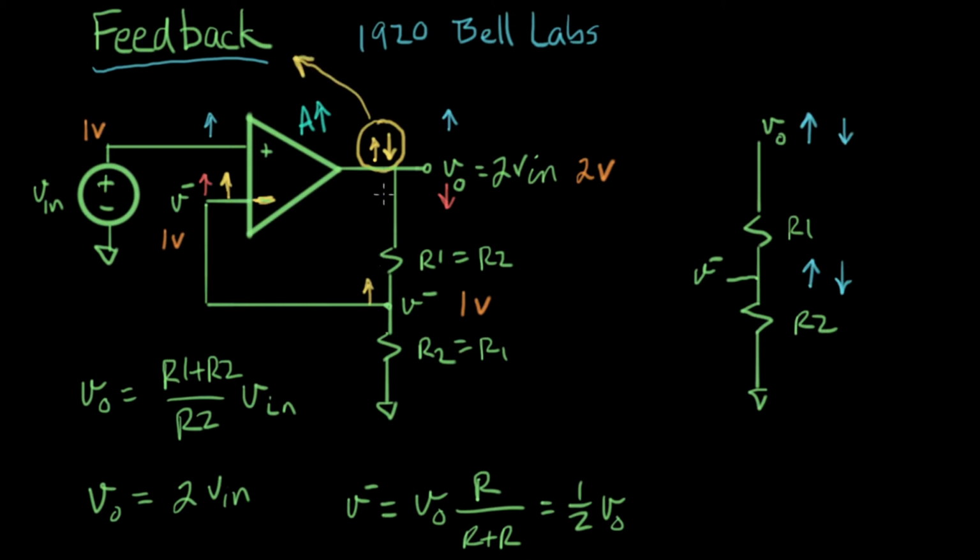You get this feedback effect when this connection is made back to the inverting input of the op amp. In particular, because it's the inverting input, this is called negative feedback.